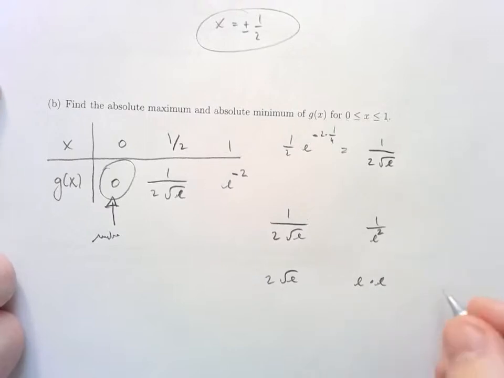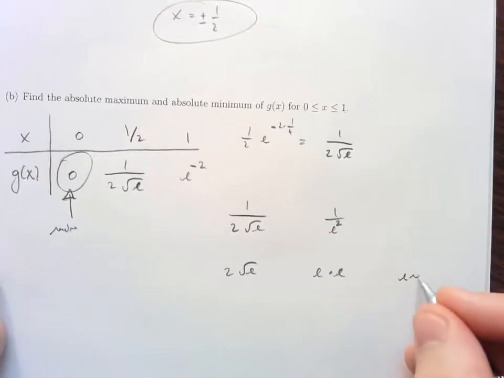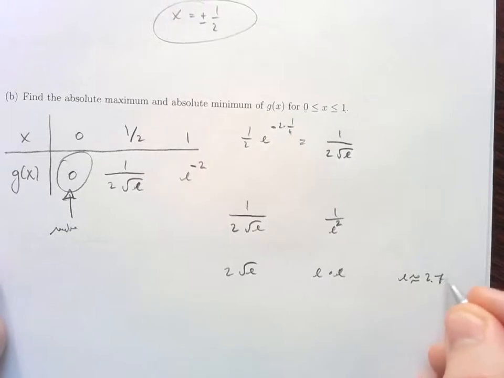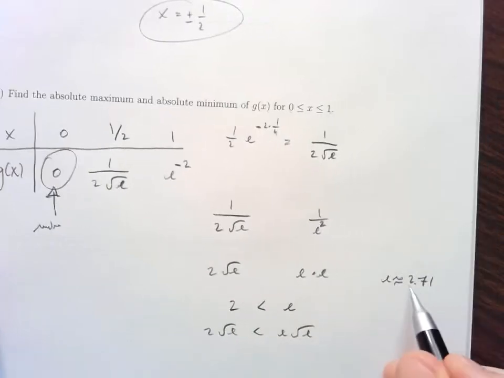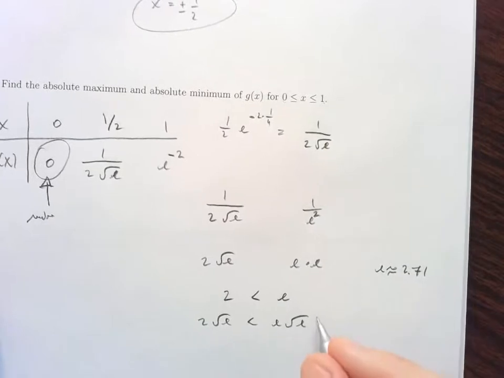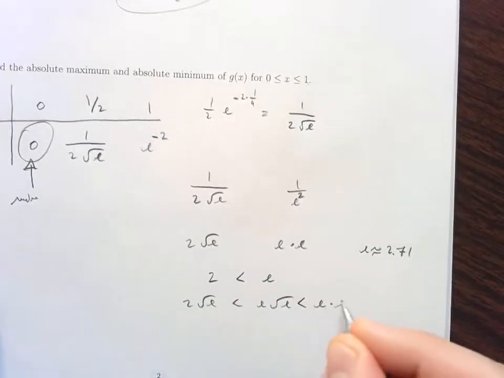Now, e is approximately 2.71 as a decimal, so automatically 2 is going to be smaller than e. 2 times root e is smaller than e times root e, and because e is a number greater than 1, that's smaller than e times e, right?